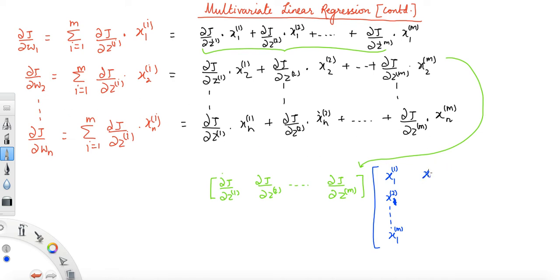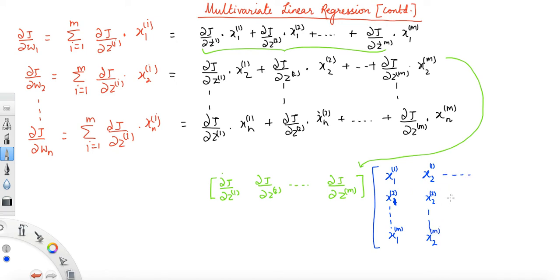So this is the second equation, x2 x2 x2. And this is a trick here, by the way, and this trick we must explore. This is x1 x2 xm.